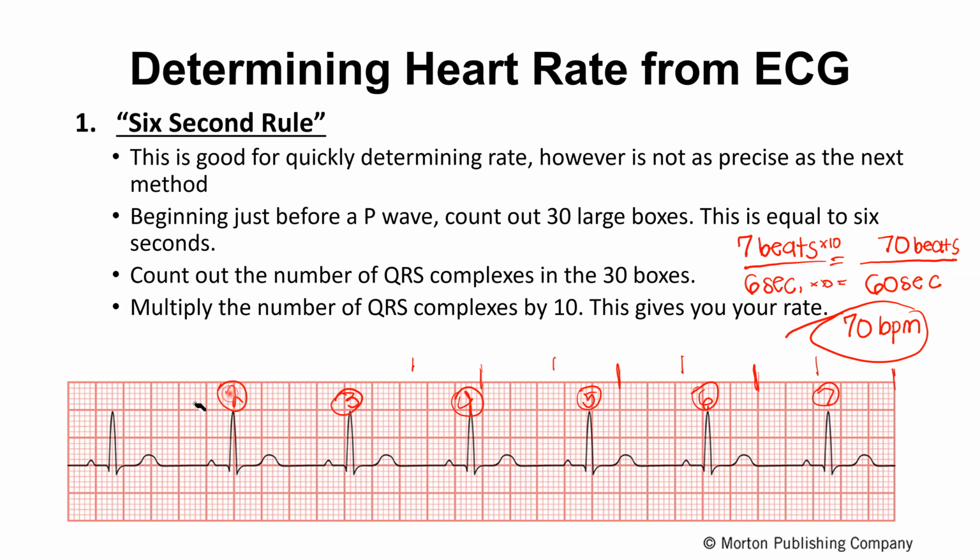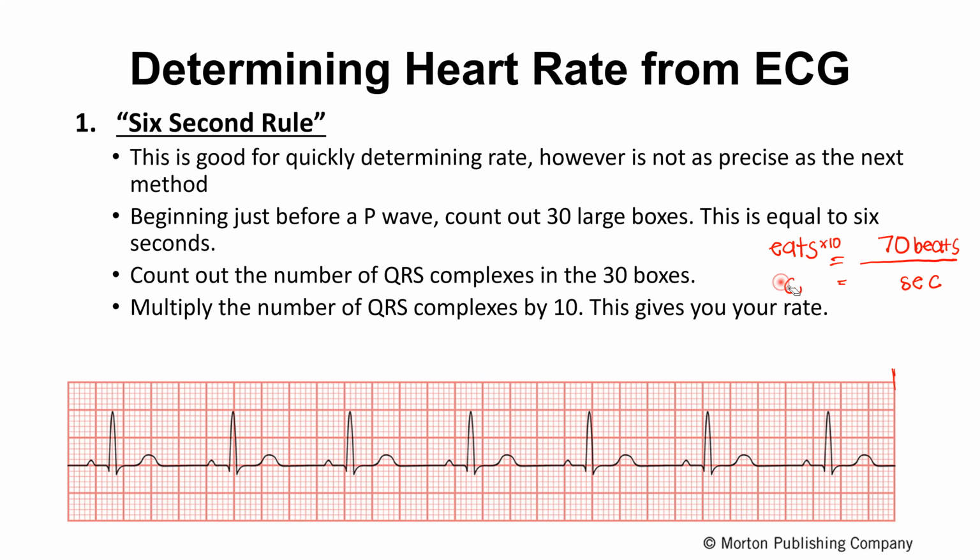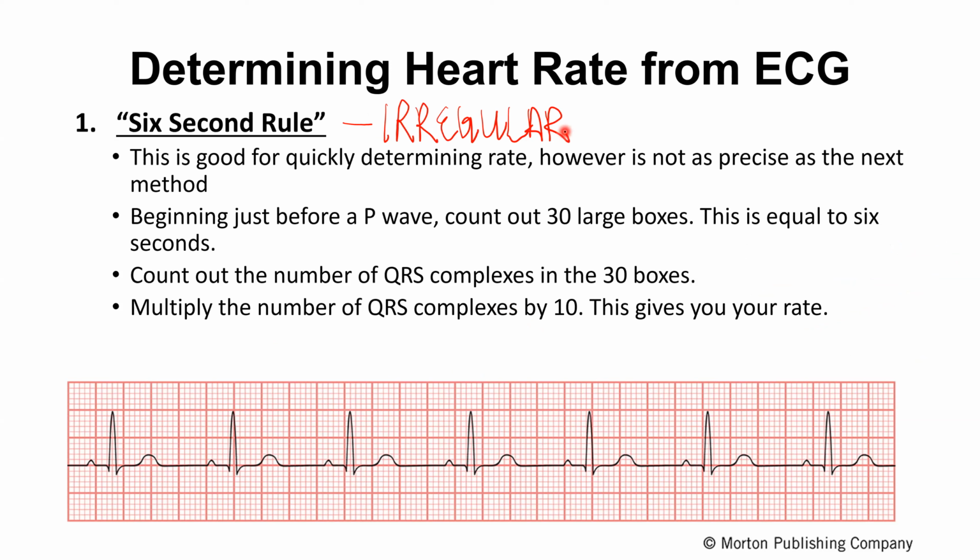Okay, I'm going to give you 2 other methods. So the 6-second rule, although it's really fast, it's not always perfectly precise, which can make it a challenge. But this one's really good for determining heart rates when you have an irregular ECG or an irregular rhythm.